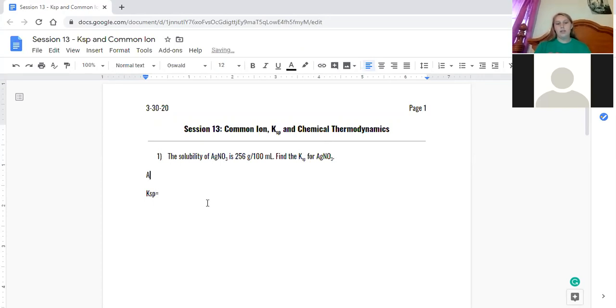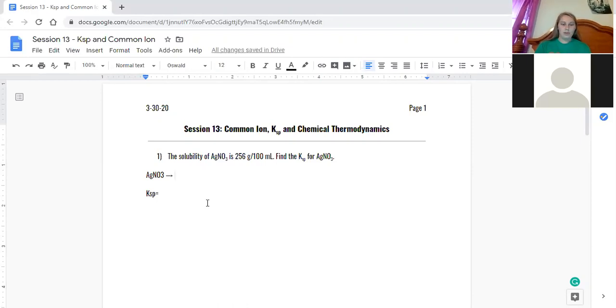So we have our AgNO3, and I'm going to do this because it's easier. And that's going to go to, let's do a one-way arrow if it actually works like that. This is really supposed to be a double-headed arrow, but it doesn't have it unless I copy and paste it from elsewhere, I think.